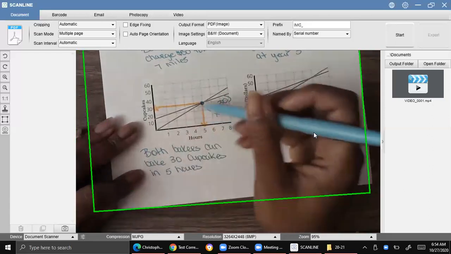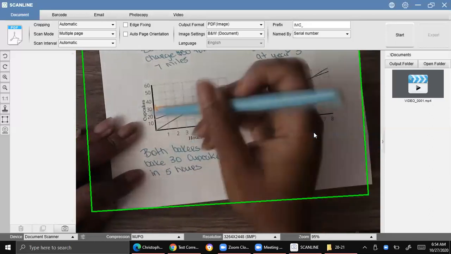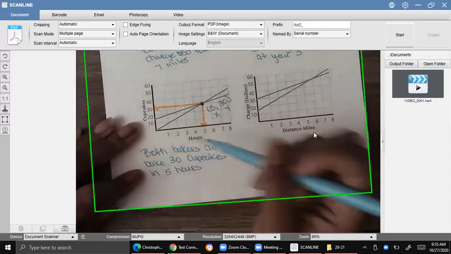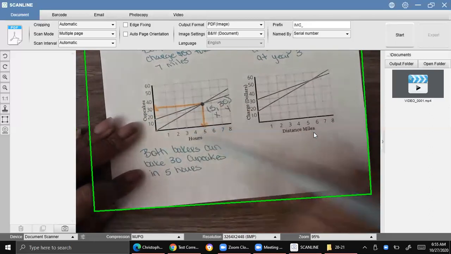Make sure that you are using the numbers that you came up with as well as your labels. That's what helps you, labels and numbers. So both bakers can bake 30 cupcakes in 5 hours.